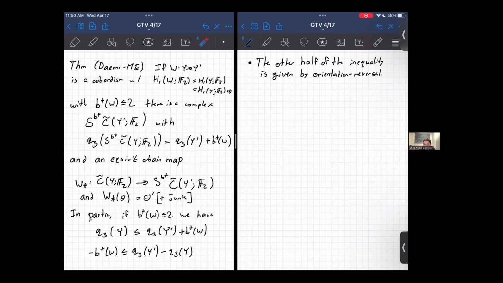B plus becomes B minus. And I swap which one is y and which one is y prime. As a result, I get also under similar bounds an upper bound by B minus of W.